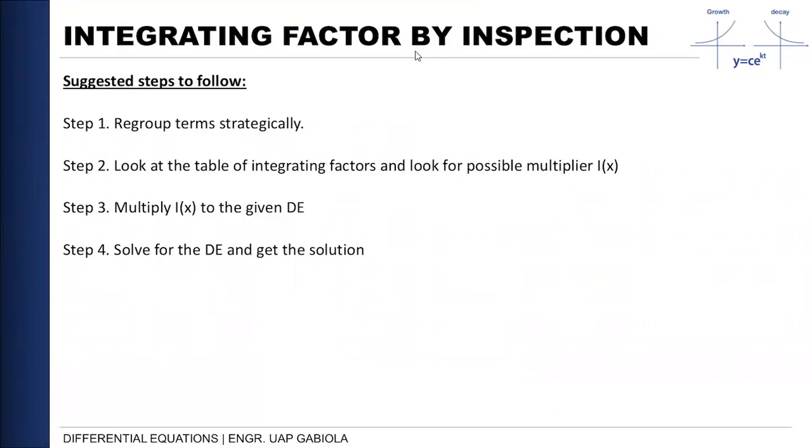Okay. So step one, once you see the differential equation, we need to regroup the terms strategically. Why? We need to regroup them kasi sometimes yung differential equation natin, as I've mentioned earlier, is not easily identifiable if we can solve it talaga agad-agad, ano?